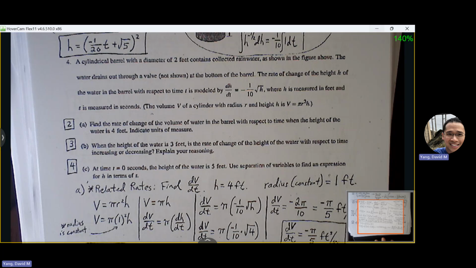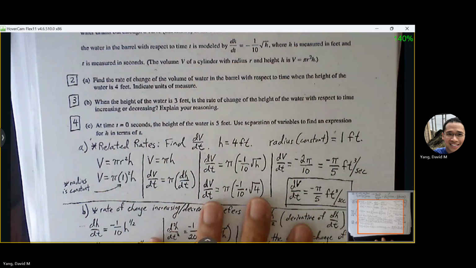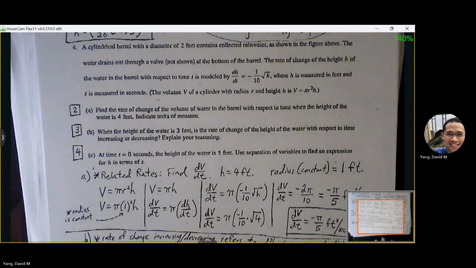So let's look at number 4 here. Okay, we have a cylindrical barrel with a diameter of 2 feet, contains collected rainwater as shown. The water drains out through a valve at the bottom of the barrel. The rate of change of the height is modeled by dH/dt.